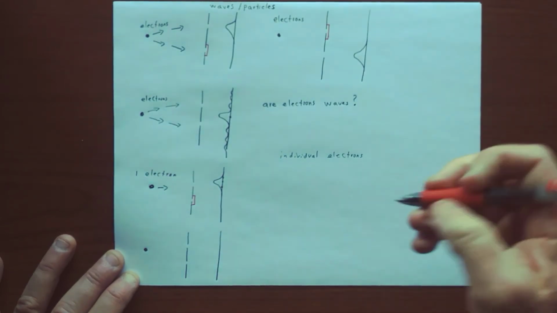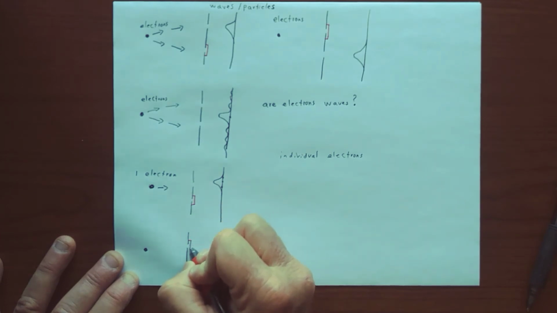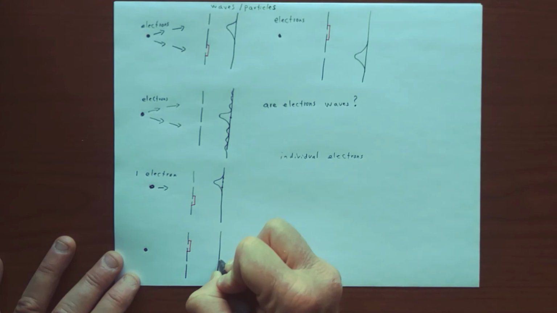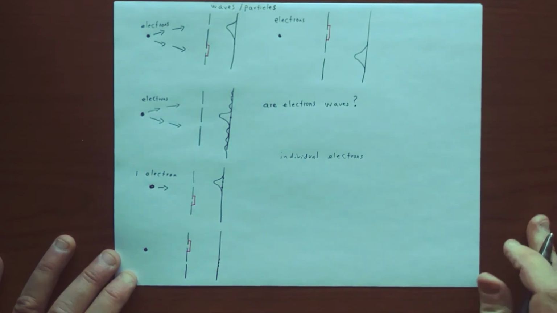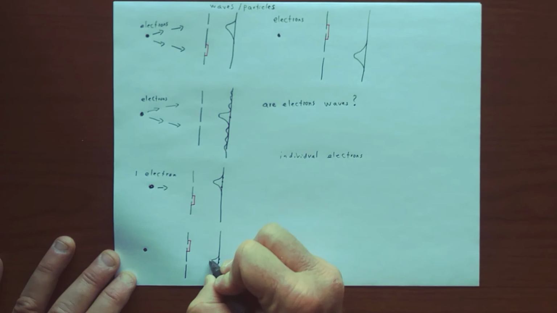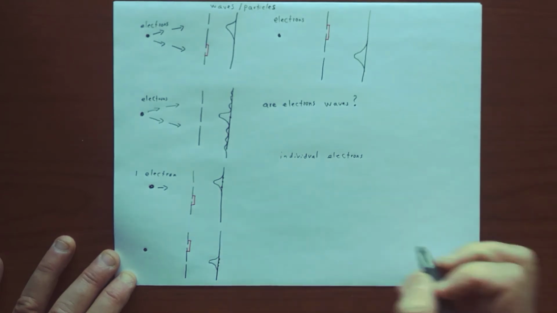If we do a symmetric version of that, the electron could hit here or here or here. So the electron does behave like a particle in that it does hit somewhere and we can detect it. But overall we'll get a distribution which peaks behind the second slit.